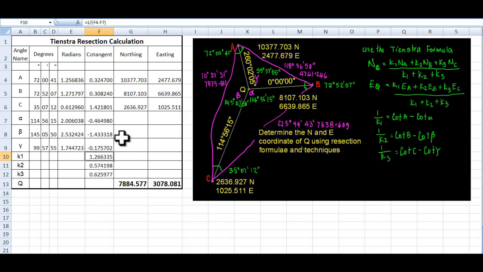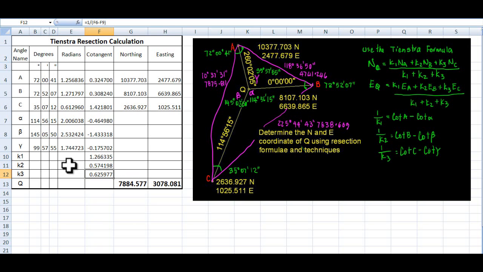So what I've done here is I've gone 1 over F4 minus F7. So F4 here minus F7 here, that will give us K1, and then this here again K2, and this here K3.